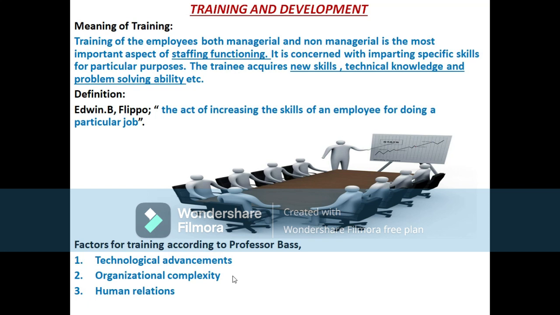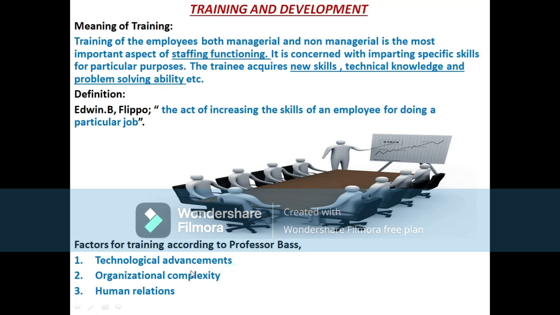Why? Because to perform that position, he has to know the flaws of the position also, the ups and downs of that job position. The need of the position, the role, the responsibilities and the skills of the position should all be learned by that particular person.